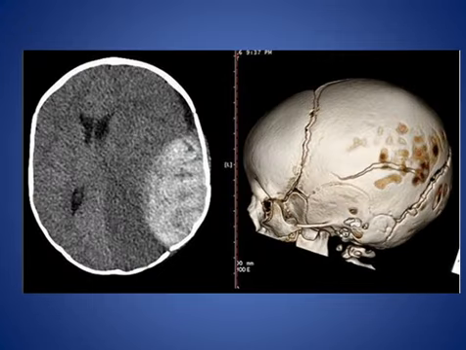Next case, as we see here, is a sagittal 3D image of the skull, and we see there is a fracture line involving the parietal region. On the axial cut CT scan, there is a large epidural hematoma in the parietal region, and this is the fracture line.